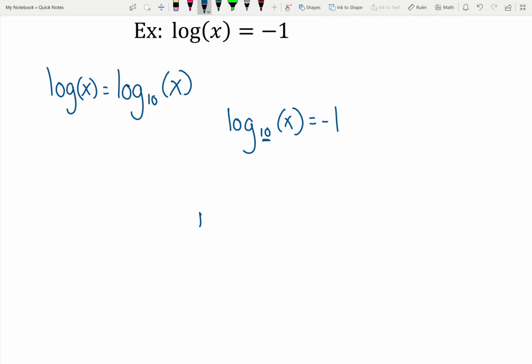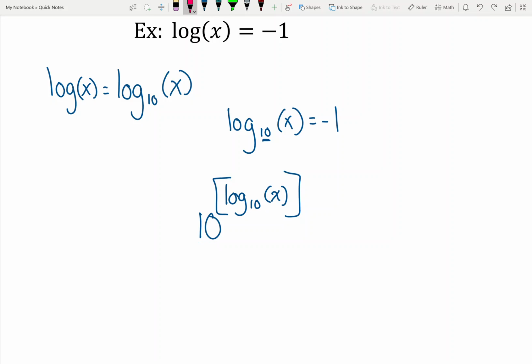So I'm going to have 10 raised to log base 10 of x. The only way I can cancel out all of this is if my bases here are the same. That's why I chose 10 as my base for my exponential.